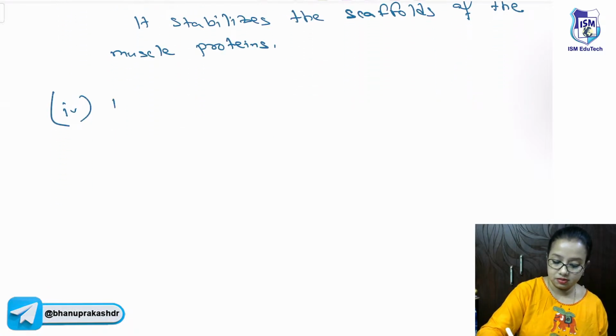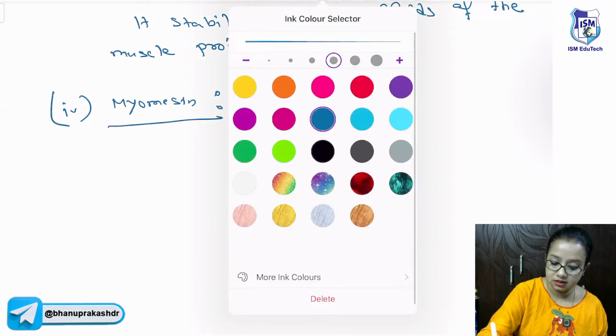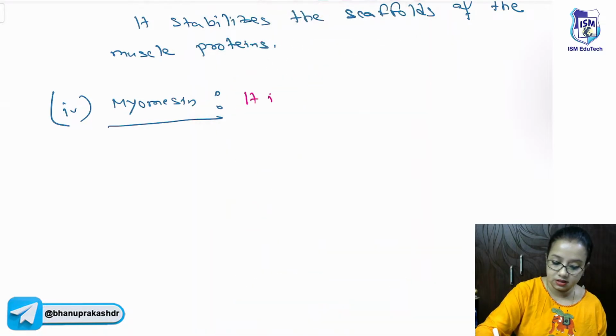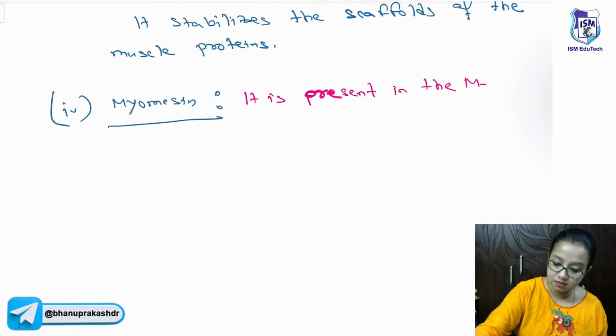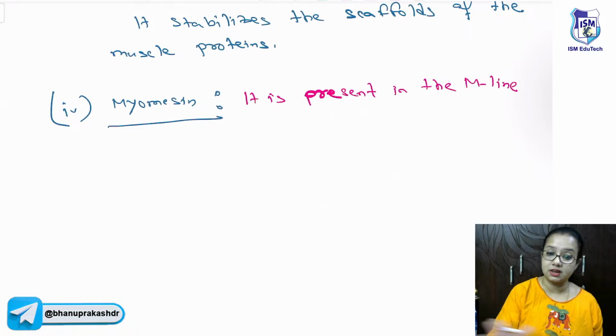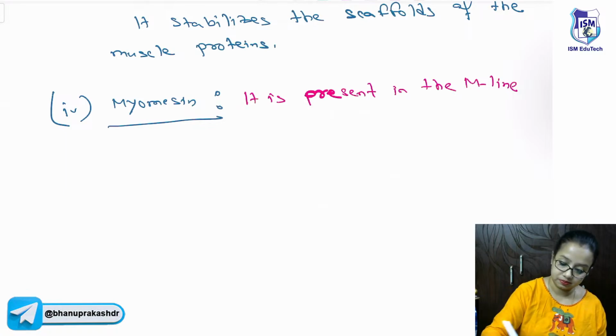We have myosin. It is present in the M line. Whenever there is contraction, the M line bulges a little bit. So the integrity should not get torn out. That is maintained by the myosin.